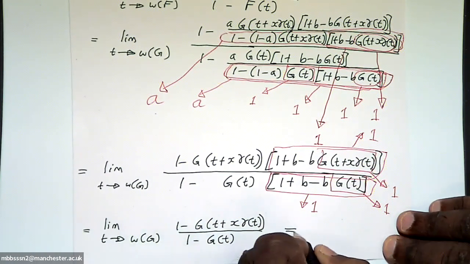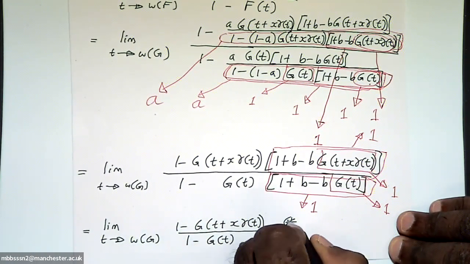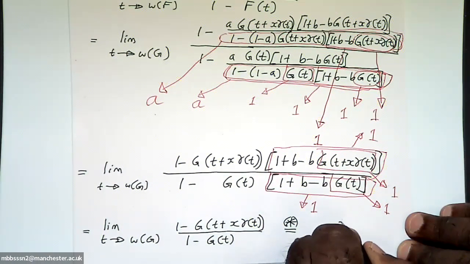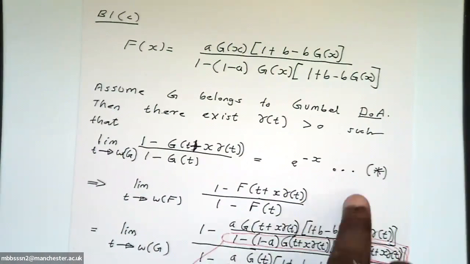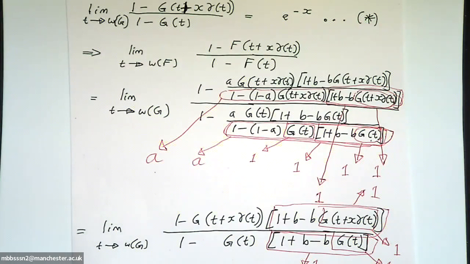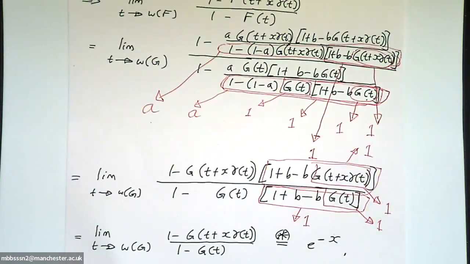And because of star, this is equal to E of minus X. The star is what I said before. So we have proved that if G belongs to the Gumbel domain, F also belongs to the Gumbel domain. And it's similar for the other two types.